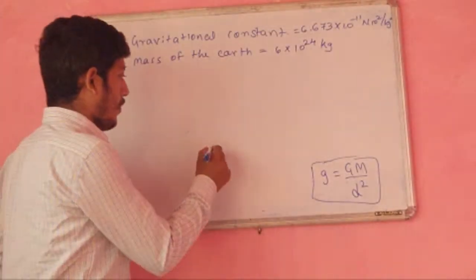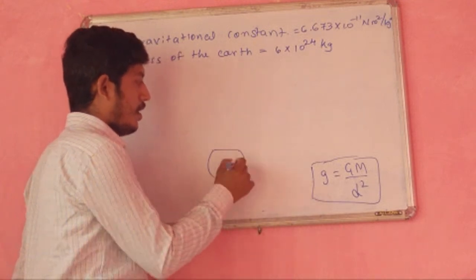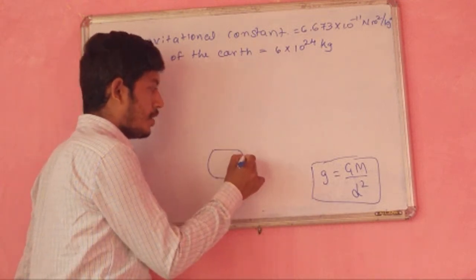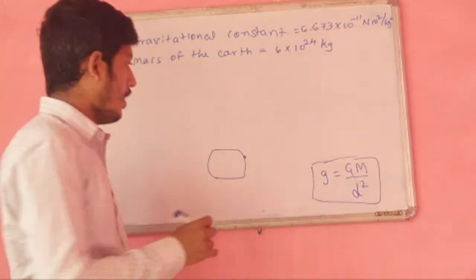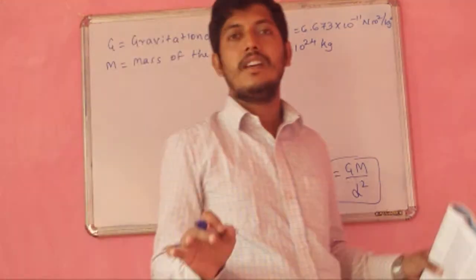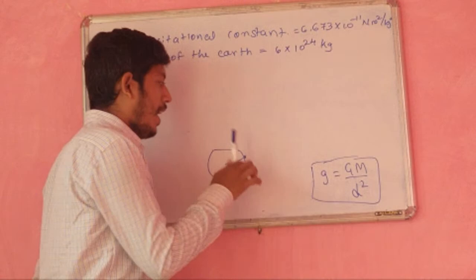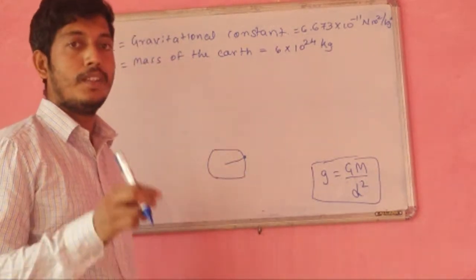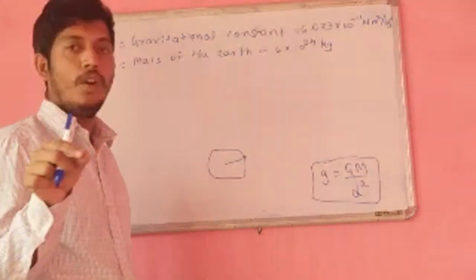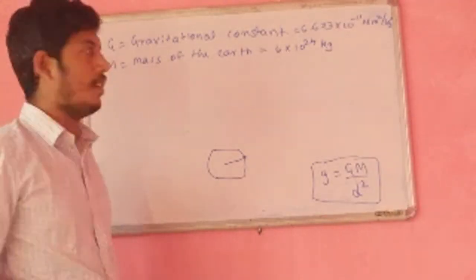And for example, if we consider this as earth, and an object is present on the surface of the earth, then the distance between the center of the earth and the center of the object is the same as the radius of the earth.